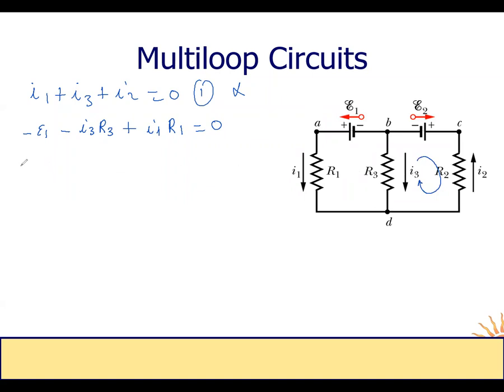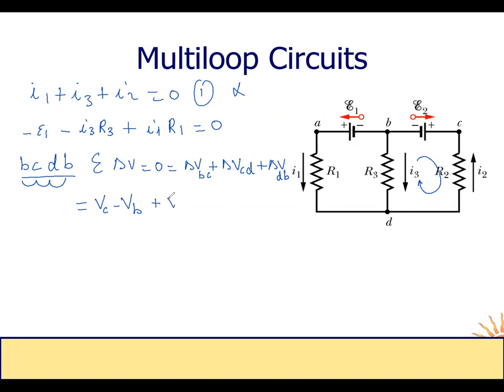I take the loop B, C, D, B. Summation of delta V equals 0, equals delta V BC plus delta V CD plus delta V DB, equals V final minus V initial plus V final minus V initial plus V final minus V initial.